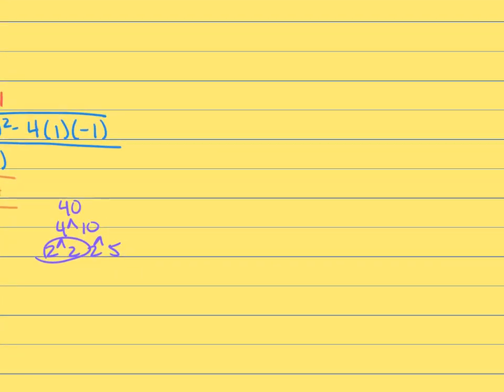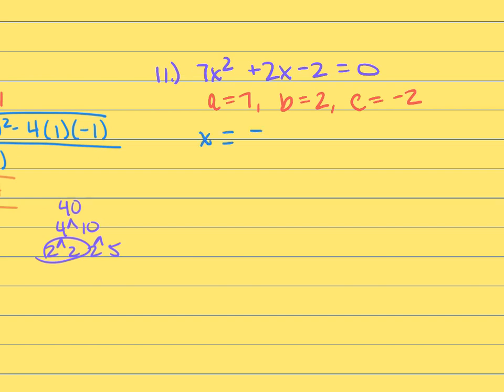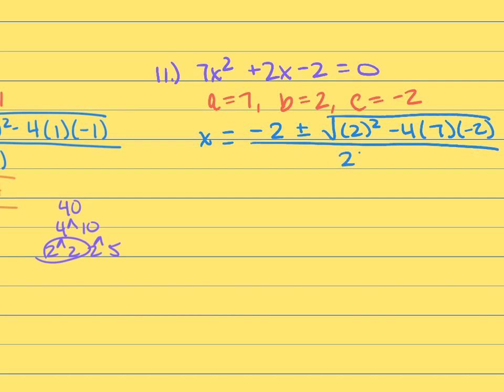For 11, we're given 7x squared plus 2x minus 2 is equal to 0. So our a is 7, our b is 2, our c is negative 2. So we're going to have x is equal to negative 2 plus or minus the square root of 2 squared minus 4 times 7 times negative 2, all over 2 times 7.